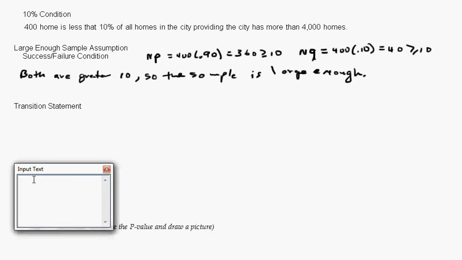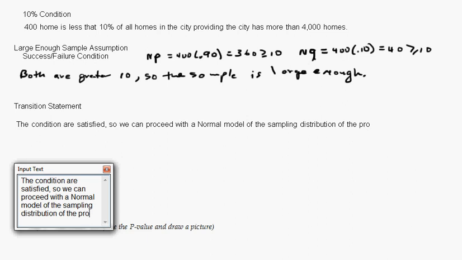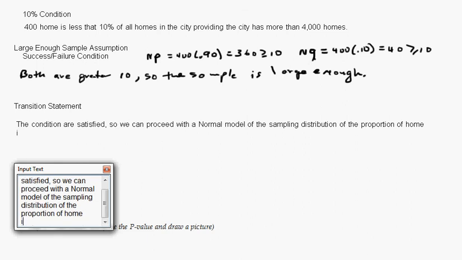So we're going to say the conditions are satisfied, so we can proceed with a normal model of the sampling distribution of the proportion of homes in the city.